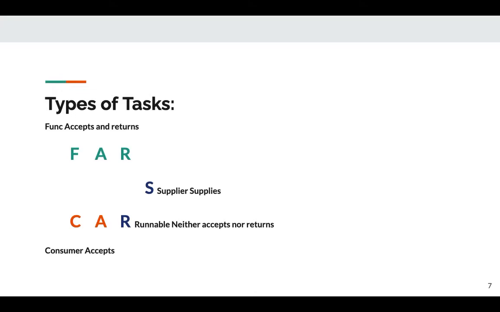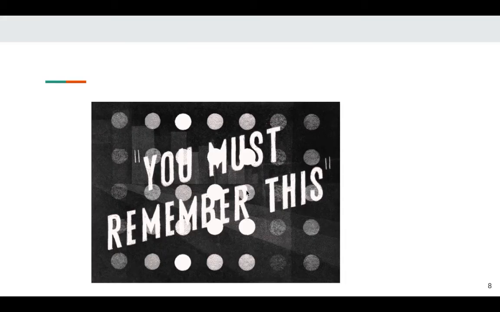So whenever you are at the final stage of a pipeline and want to do something with the final value, you use a consumer which just accepts, doesn't return. And then obviously we have the runnable which doesn't accept or return any values. And we also have the supplier that only supplies values but does not accept any values. And yes, it is actually important to remember these and come back to this, since this is the basis of what we are going to do in the future. It forms the building blocks of completable futures.